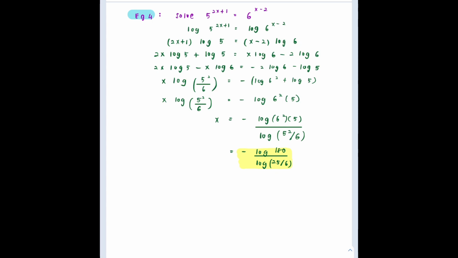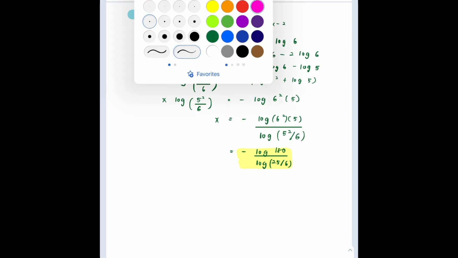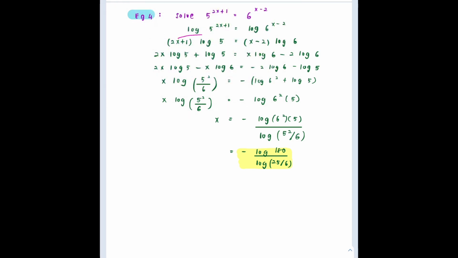What you can do is expand the bracket, term by term: 2x times log 5 and 1 times log 5 also. Then you have 2x log 5 plus log 5 is equal to, same here, x times log 6 and minus 2 times log 6. Then you have x log 6 minus 2 log 6.